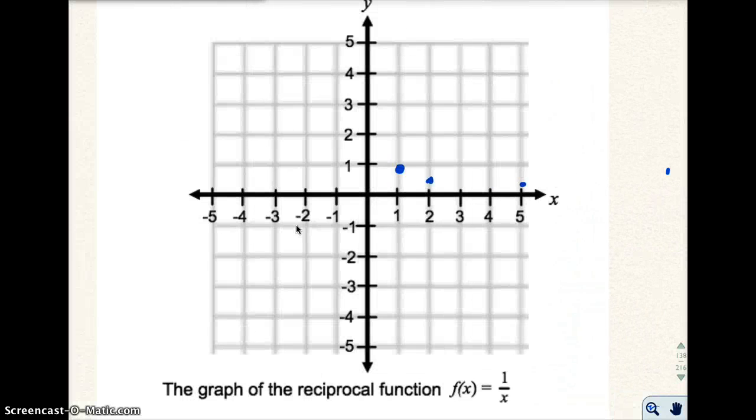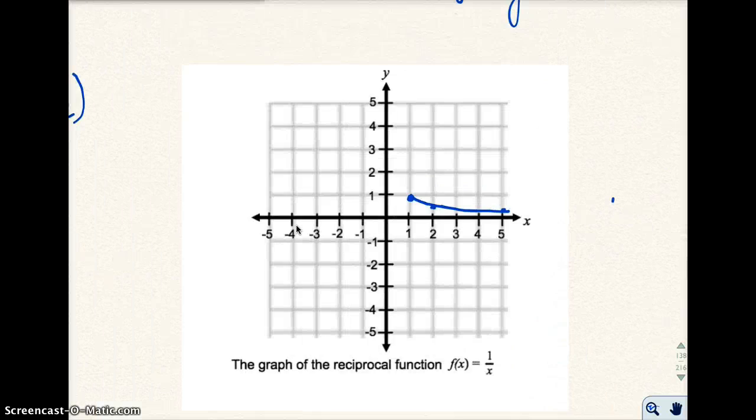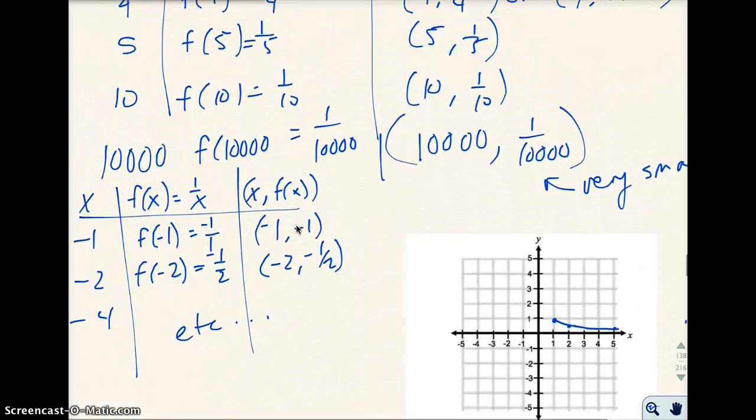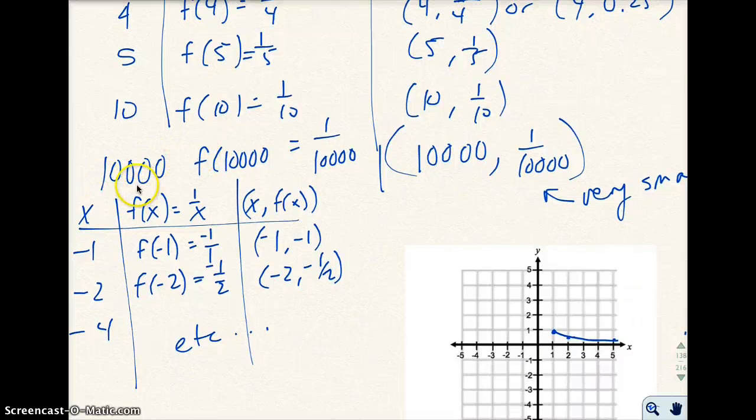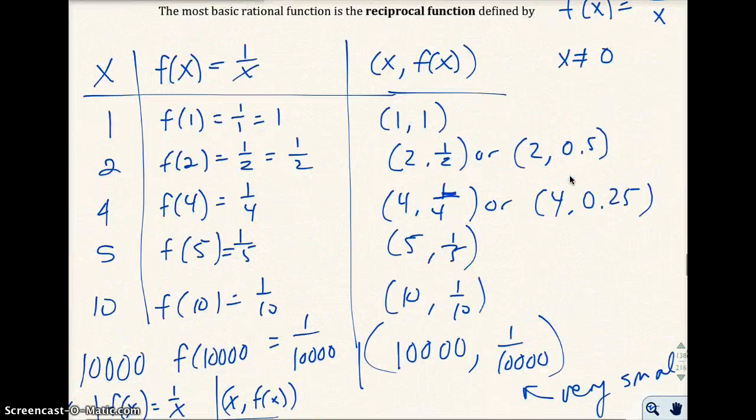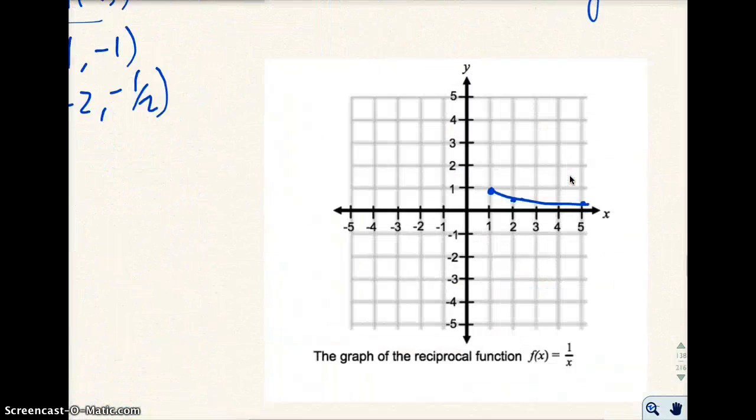And so you see it kind of gets closer to 0. But you notice that no matter what I pick up here, if I picked a trillion, it'd be 1 over trillion. It'd be a very, very small number, but it'll never get to 0, which just makes sense because we said x cannot equal 0. What we're going to do is we're going to draw something called an asymptote.